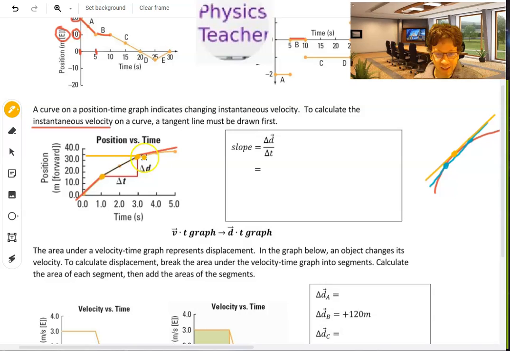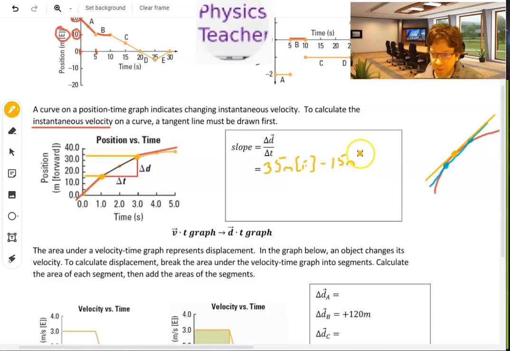So our final position is 35 meters forward, minus our initial position, which was right here. This looks to be about 15.